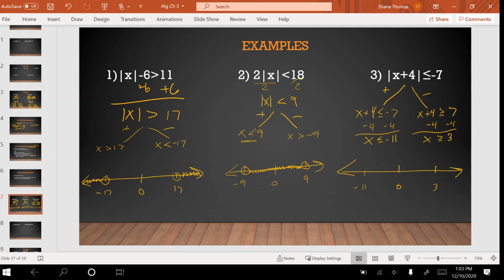So this is one of those times where I said negatives sometimes mess up the more is or stuff. Okay, this looks like it should be an and, but if we go to graph it, x is less than or equal to negative 11, so it's a closed dot at negative 11, going left. X is greater than or equal to 3, closed dot at 3, going to the right. There we go.